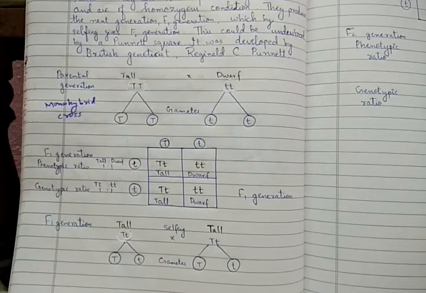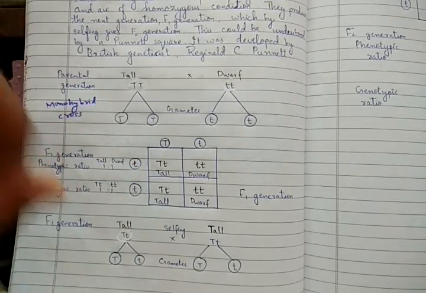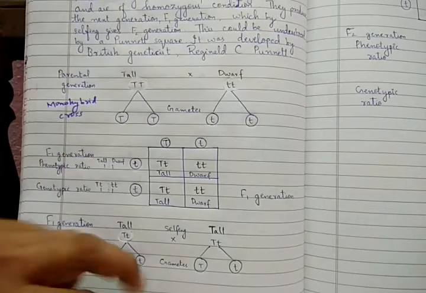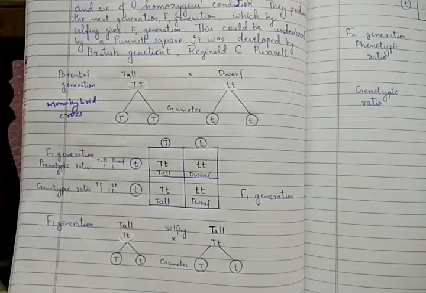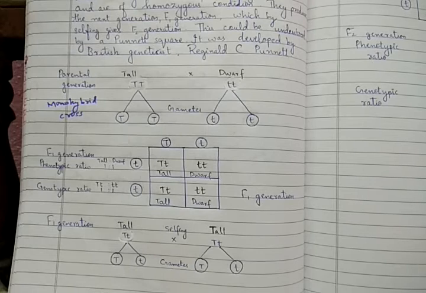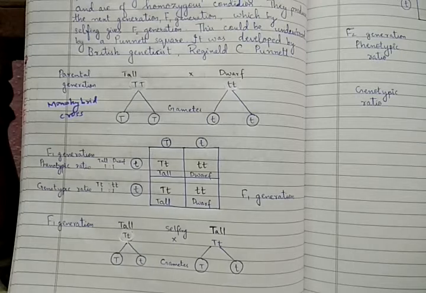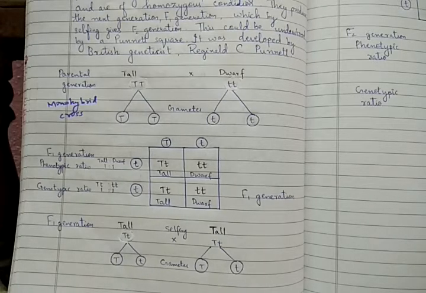So we will take one heterozygous condition and we will try to self cross it. Self cross, as we studied in the previous class, means the process of reproduction where a particular character is crossed with that particular character itself.